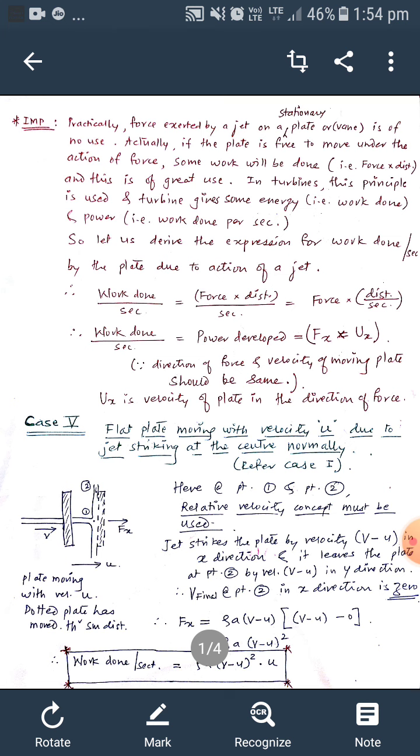Now come to the equation that I have written. Equation is same, that is force is equal to mass flux, that is mass per unit time multiplied by change in velocity. Now if we compare the previous equations, when the plate is fixed, the mass per second comes out to be rho into A into V. But here we have to consider the mass per unit time as rho into A into (V minus U).